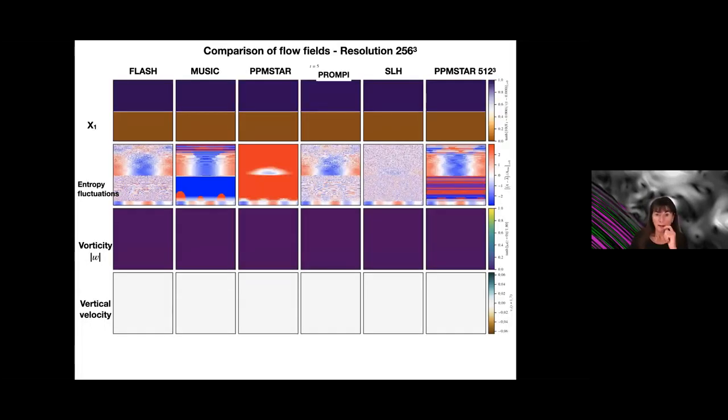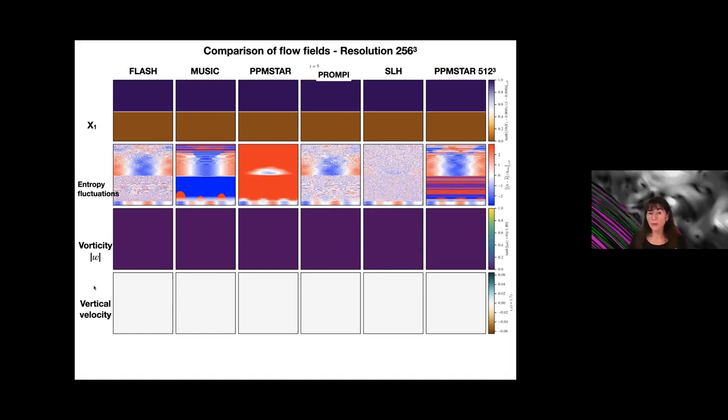Then we look at the different flow fields for a given resolution and for the 5 different codes, and also a higher resolution for the same problem, looking at the mass fraction in the bottom layer, the entropy fluctuations, the vorticity and the vertical velocity.